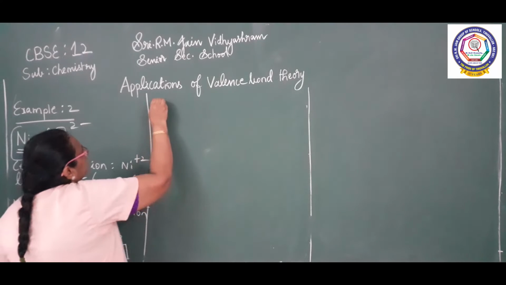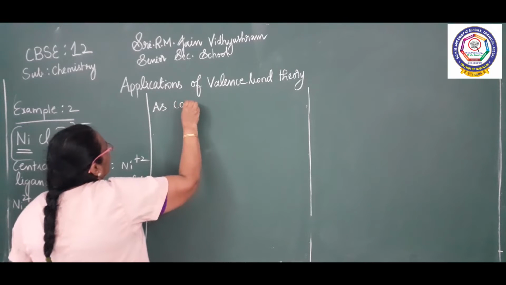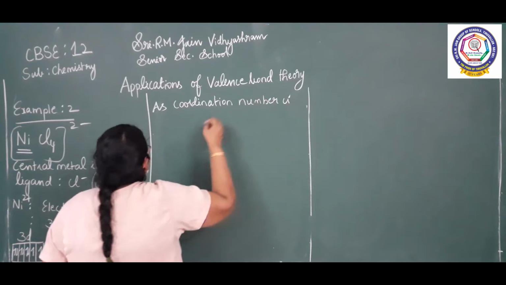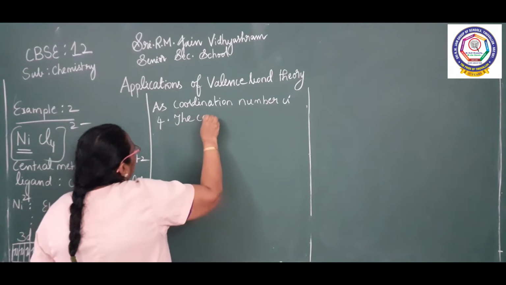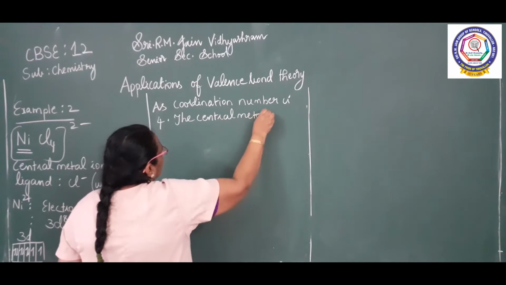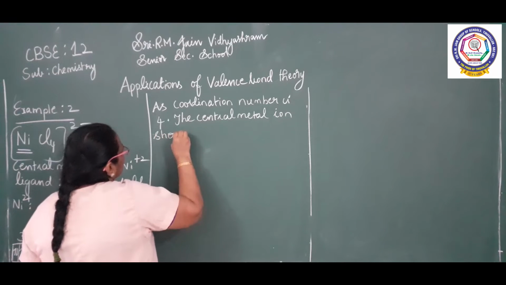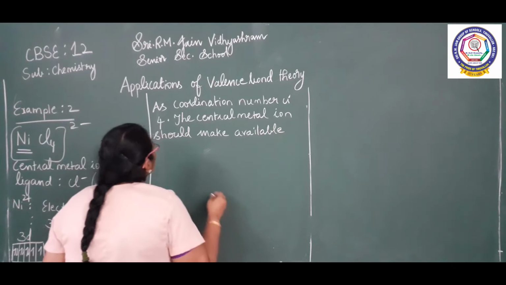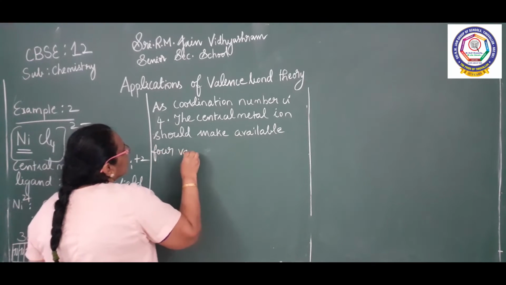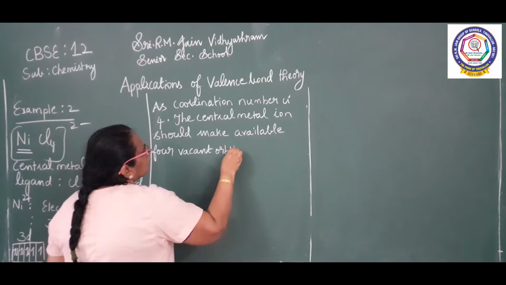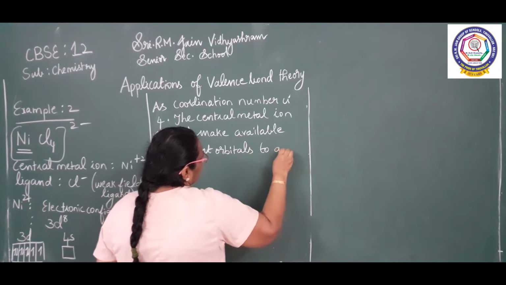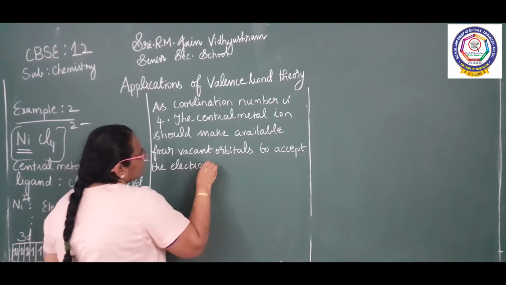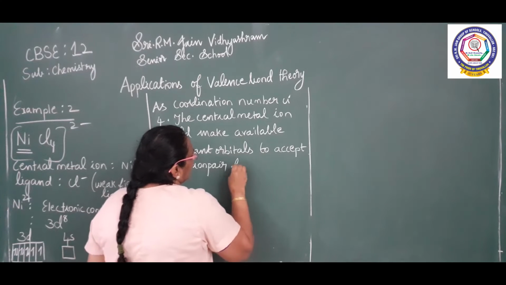Next step, as the coordination number is 4, the central metal ion should make available 4 vacant orbitals to accept the electron pair from the ligand.